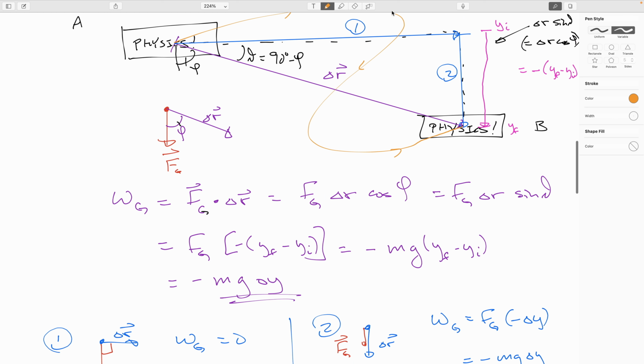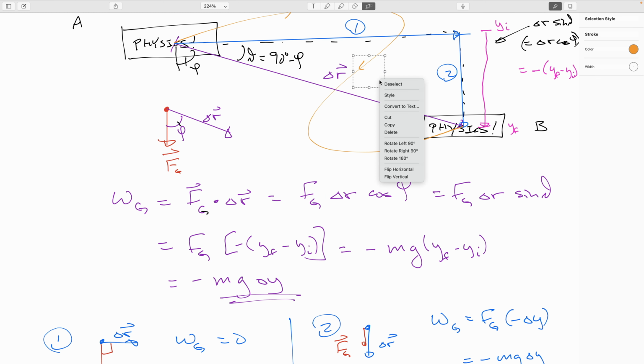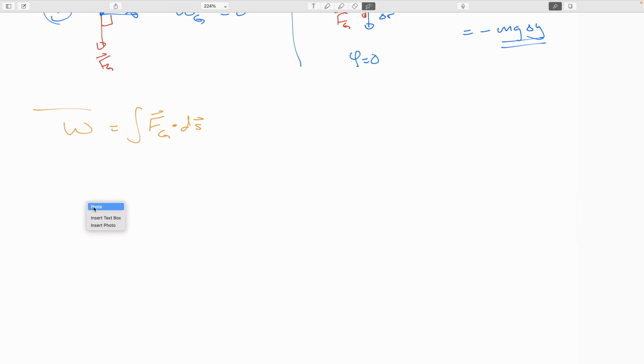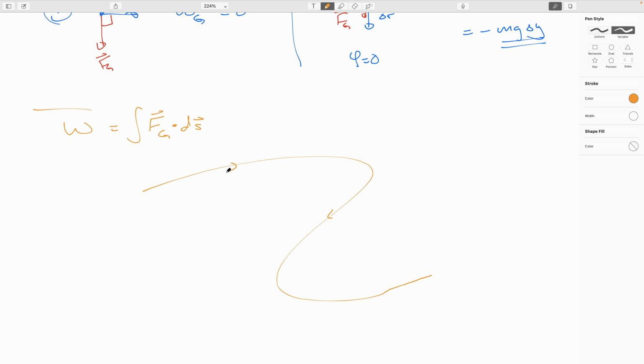So let me just copy paste my path. Something like that. So we're imagining evaluating an integral like this.